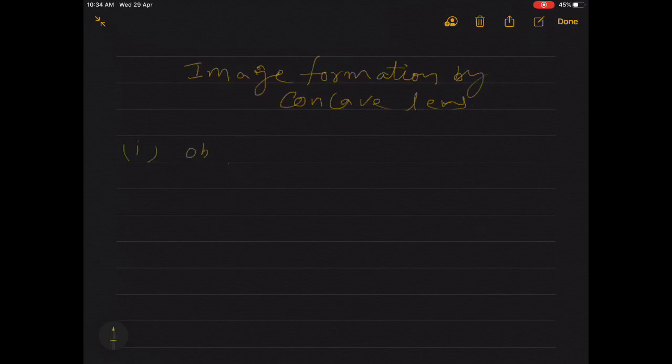In the first case, object at infinity, as we had taken the same case in the convex lens.